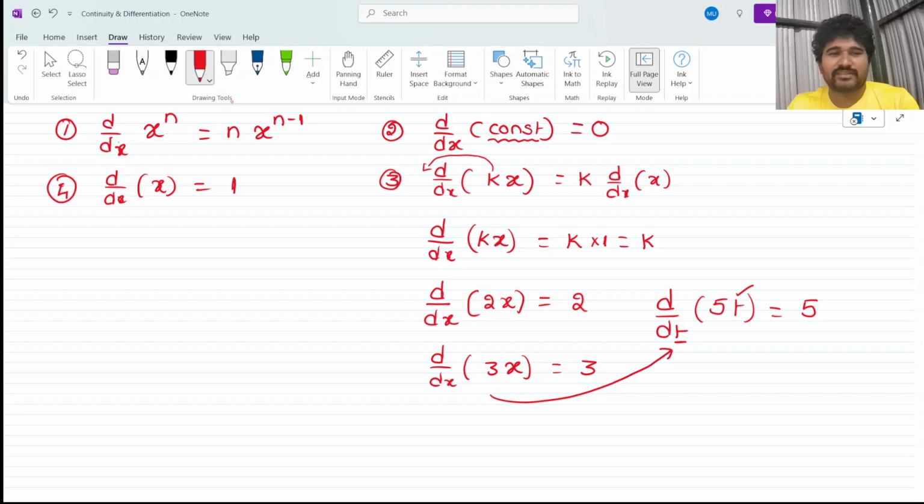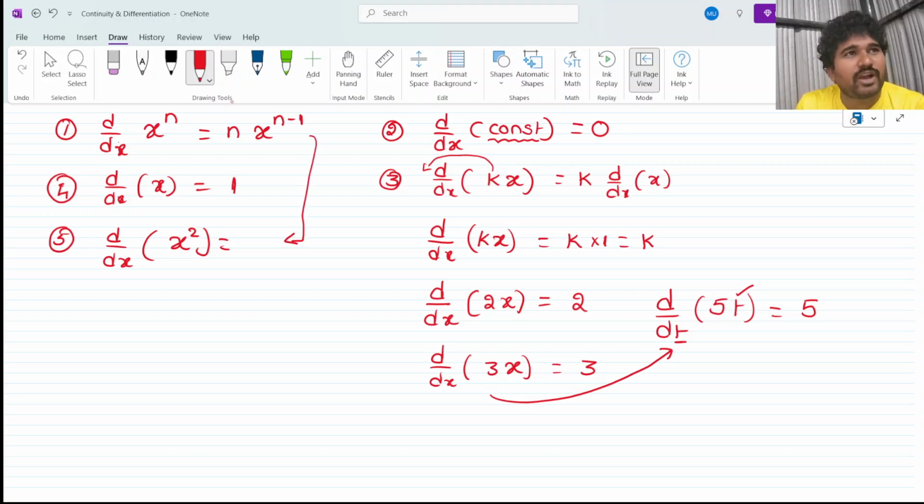Clear? Fine. Apart from these formulas, we have learned one more formula, d by dx of x square. Regularly we will use this. d by dx of x square is what? With this formula only we have to write. In place of n, how much do we have to write? 2.